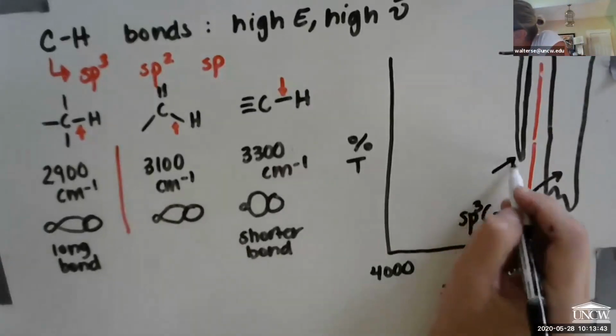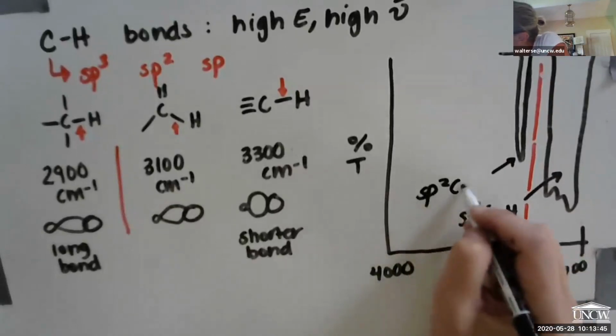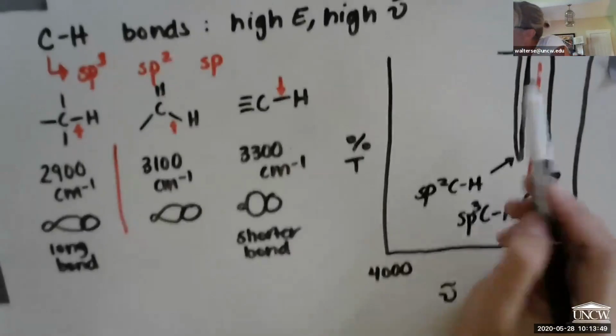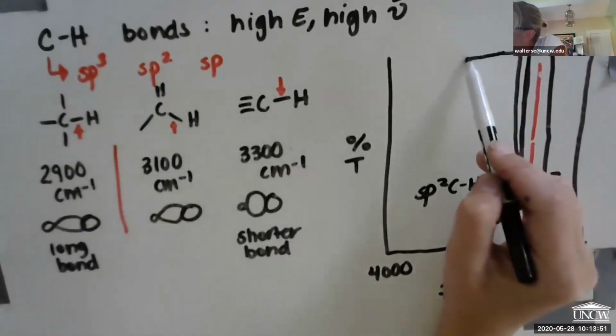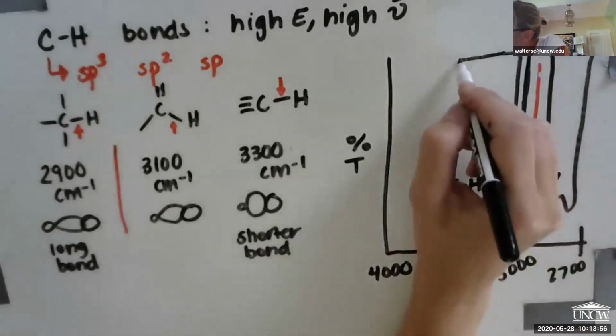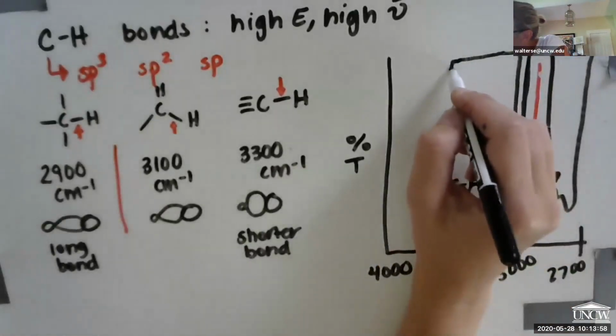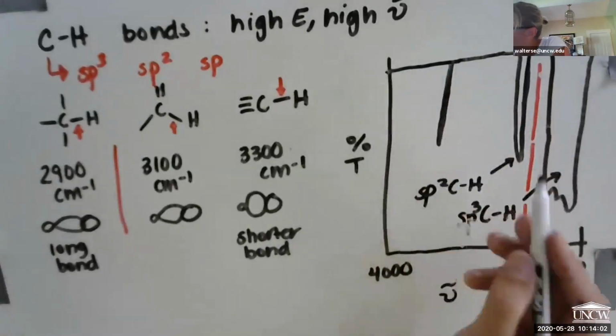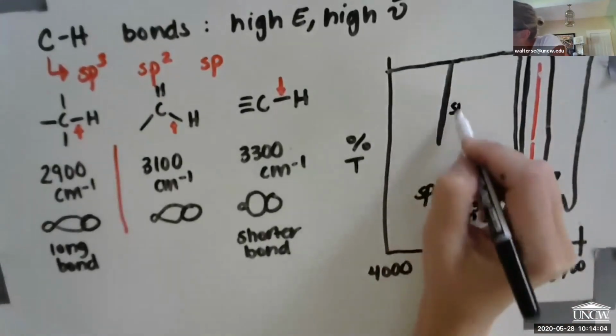So this one is the sp2 carbon to hydrogen. Then if you come back over a little bit farther, if you have an alkyne, you're going to see something like this, and it's real sharp. That's the sp carbon to hydrogen.